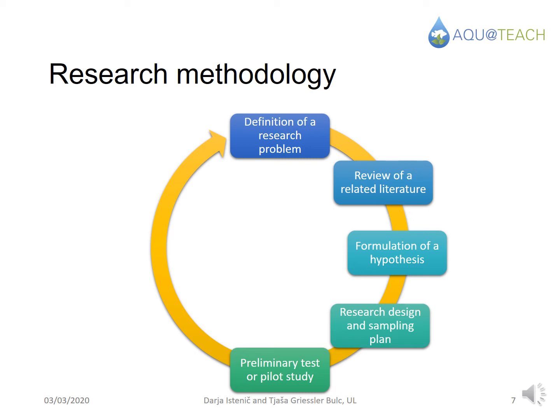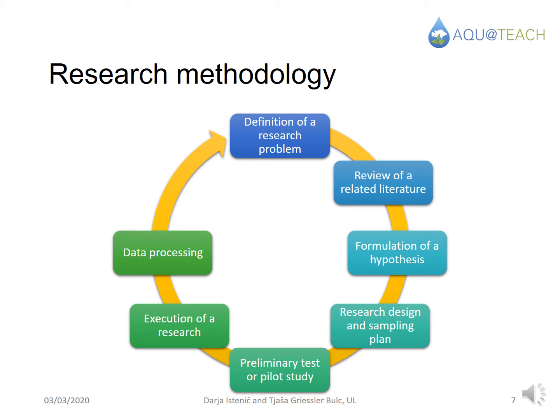When we've done this, it's time to execute the real research and gather data. Data are then processed and the results are reported in scientific literature. In the final publication, we point out new questions that arose during the experiment, suggest further research, and thus start a new cycle of research methodology.